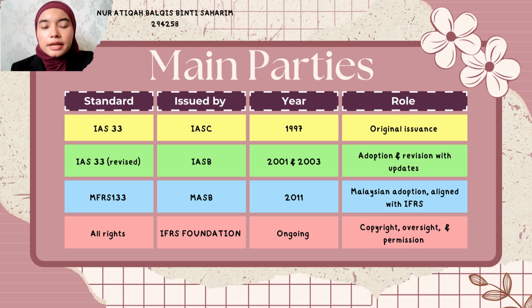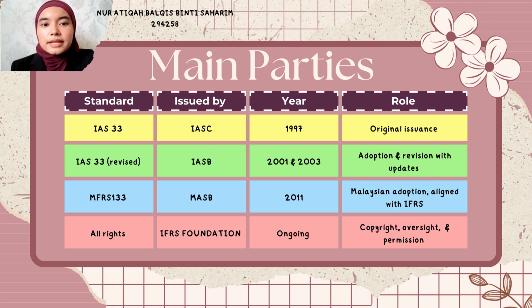And then in April 2001, the International Accounting Standards Board, which is IASB, took over from the IASC. And they adopted the IAS 33 and later updated it in December 2003.